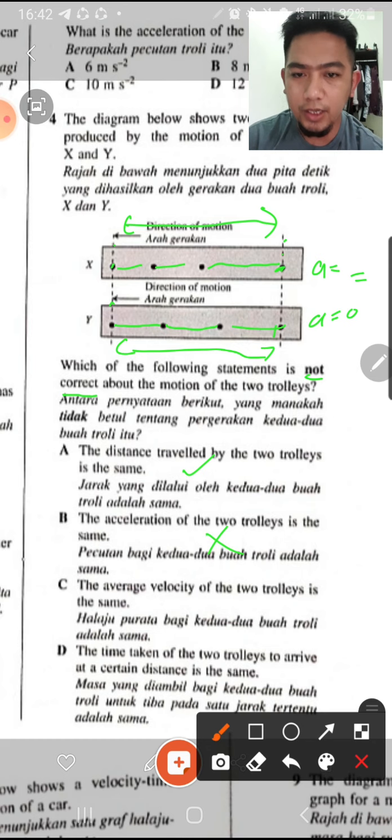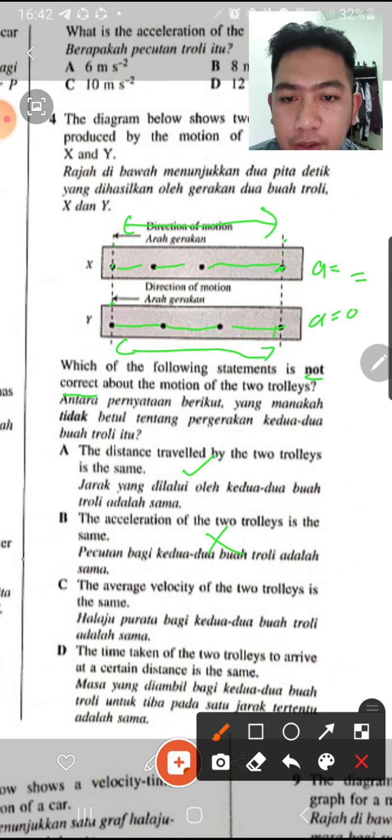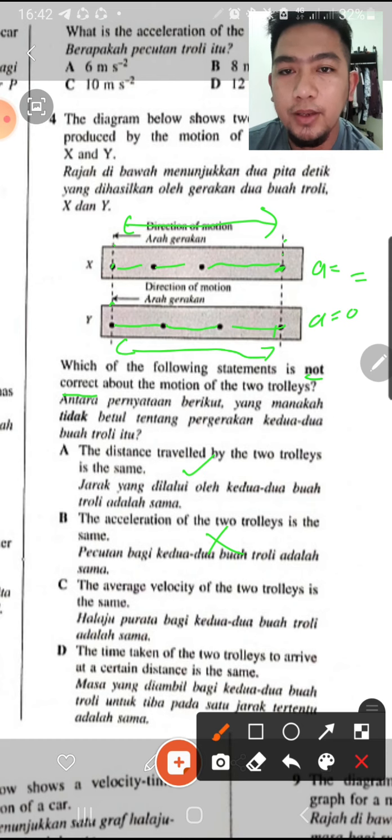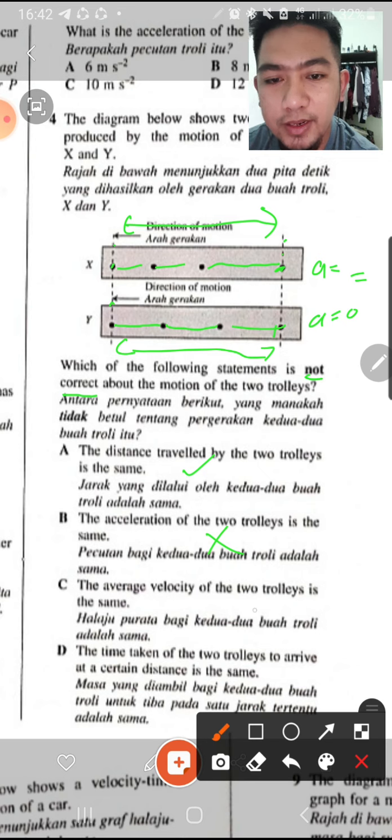Okay, how about C? The average velocity of the two trolleys is the same. We already discussed this earlier. This is velocity, right? The formula of velocity is displacement over time.